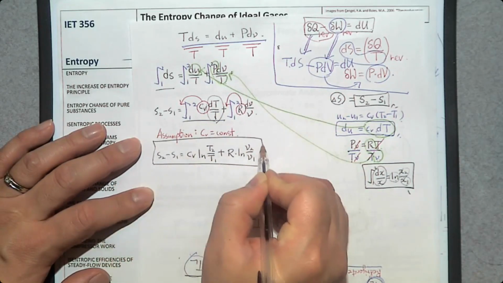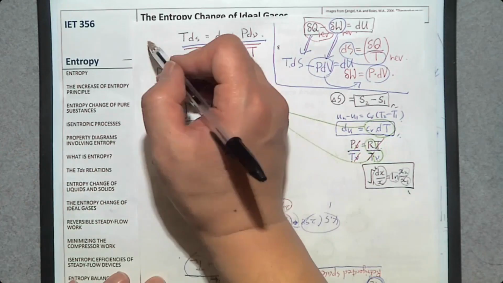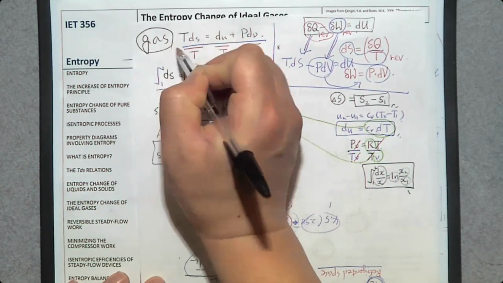So this is how you determine the change in specific entropy, S2 minus S1, when you have a gas system. Gas.